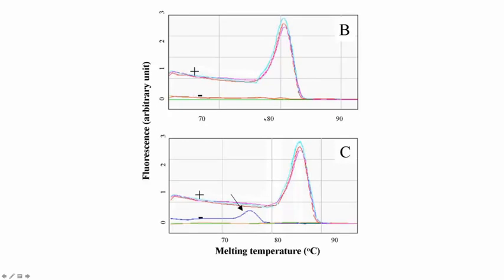So if you had SYBR Green, for example, and you wanted to do multiplexing with SYBR Green, say you wanted to have one or two different things amplified at the same time. And remember, you can't do too many with SYBR Green. You'd have to know what the melting temperature is for each one of your target sequences.